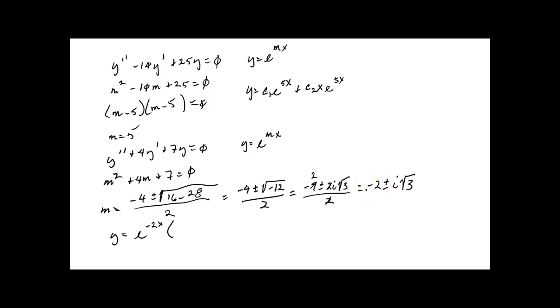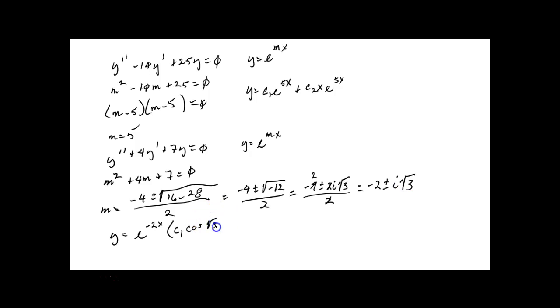Times C1 cosine beta x. What is your beta here? Beta is going to be the square root of 3.